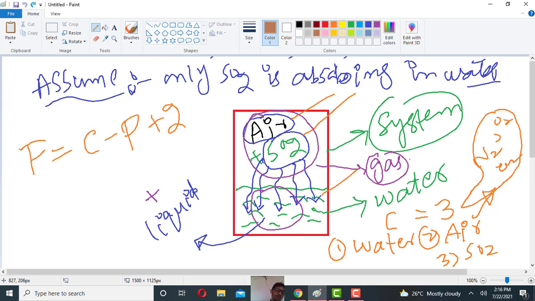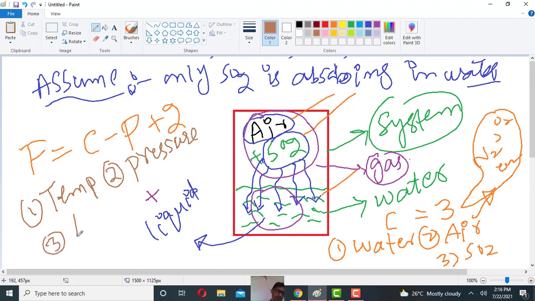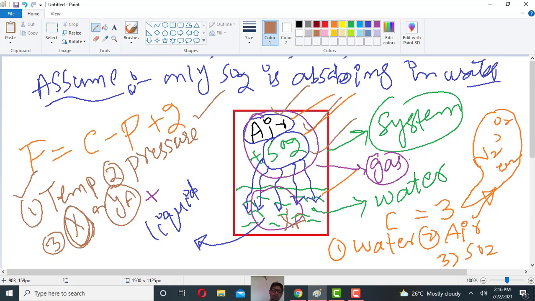Usually, one independent variable is temperature, another is pressure, and the third one is the mole fraction X, which is the mole fraction of sulfur dioxide in the water, or Y. So if we know the temperature, the pressure, and the mole fraction of sulfur dioxide in water or in air, then we will define the other variables of this system.